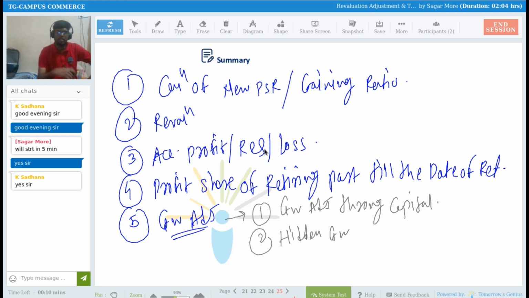The second is hidden goodwill. The rest, like raising of goodwill, writing off goodwill, or goodwill already appearing in the balance sheet, are in your CA Foundation, not in your CBSE syllabus. In CBSE, only two things: goodwill adjustment through the capital accounts, that is gaining partner and sacrificing partner, and hidden goodwill. Understood?